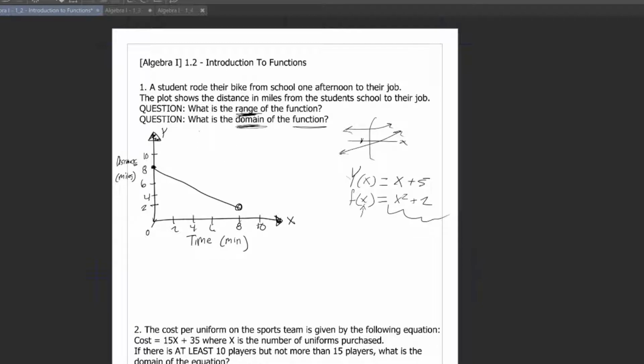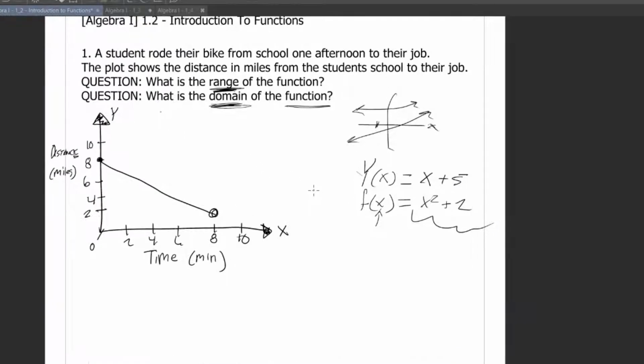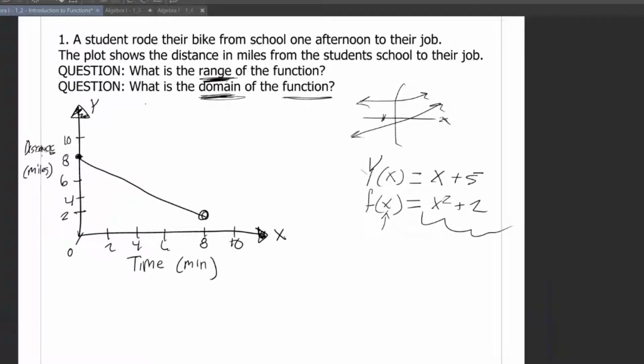Now, what is the range? The range is the list of y values of a function. Looking at this plot, we have time on the x-axis and distance on the y-axis. There are certain things that you should pay attention to. Zooming in here, and forgive my poor drawing, what is the range of this function?